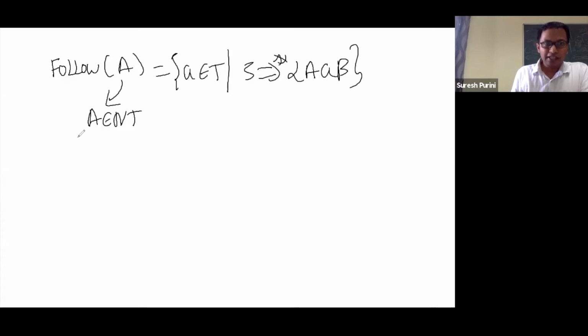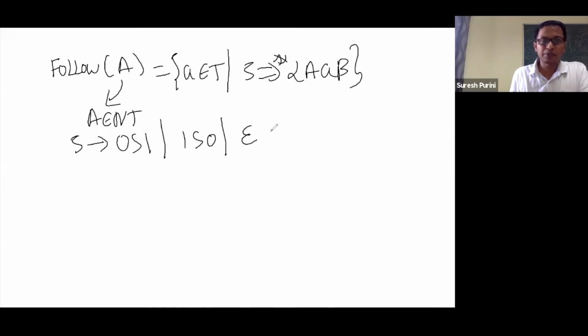Now let's take the example from the previous example that we have: S goes to 0 S 1, 1 S 0, epsilon. Note that epsilon can never be present in the follow set associated with a non-terminal symbol. So what is follow of S?